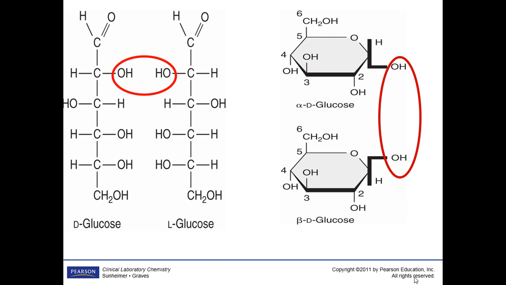Over here, pretend like you drew that box that's 3-dimensionally, so this is like showing you where the plane of these carbon circles are all together. Here, the OH is on the bottom, below the plane, so it's an alpha, and above the plane for the beta. Okay.